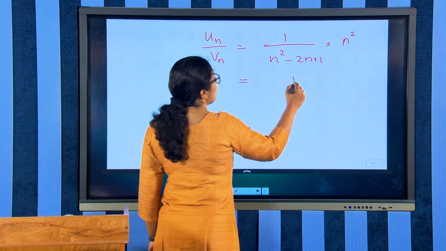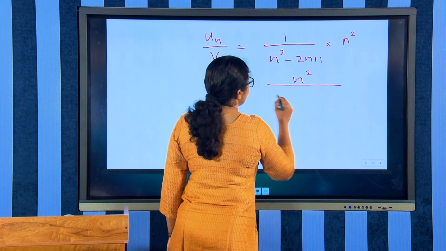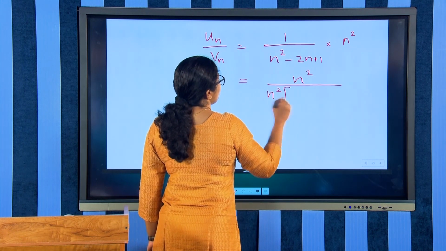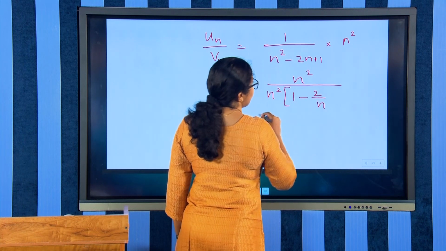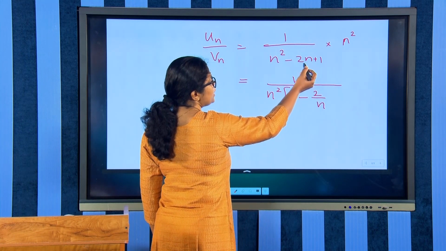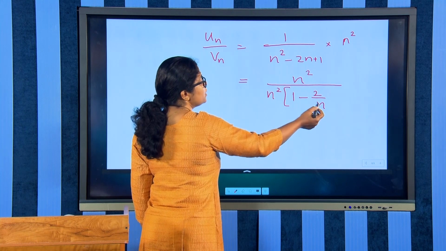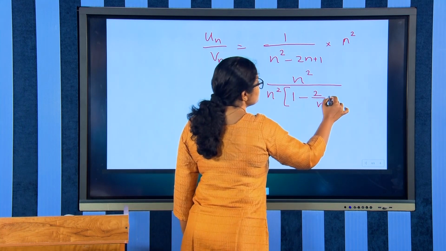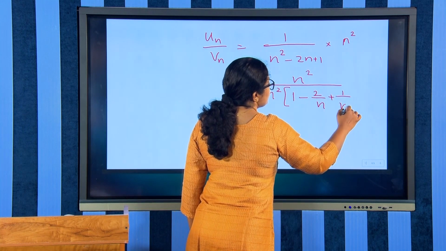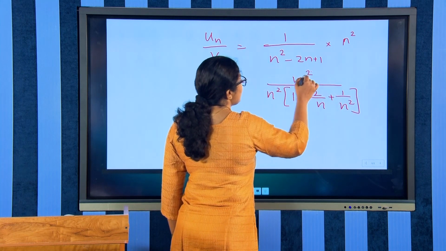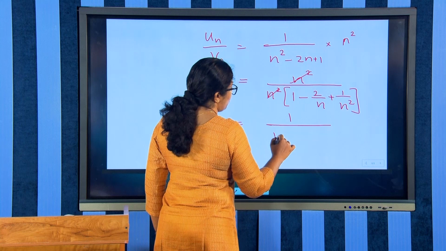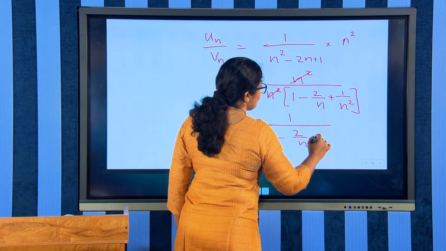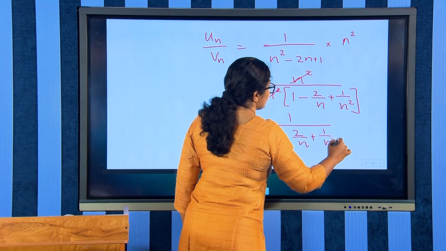So, when you take out the n square outside from the denominator, we get 1 minus 2 upon n, because already there was an n here, we are taking n square outside. So, a denominator of n comes plus 1 upon n square. So, this n square and n square will get cancelled, you will be getting 1 upon 1 minus 2 upon n plus 1 upon n square.